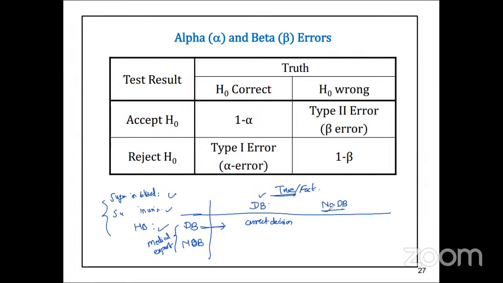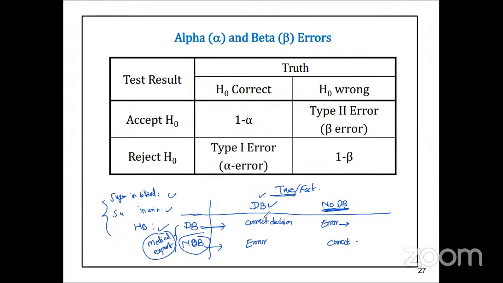Now, if I don't really have diabetes, but my reports mistakenly show that the decision is diabetes, this is the wrong decision, so there is some error. Then look at this: in fact you are a diabetes patient, but the reports are showing that you are non-diabetes. This is again one kind of error. And when you have no diabetes and the decision given by the medical practitioner is no diabetes, that is the correct decision.